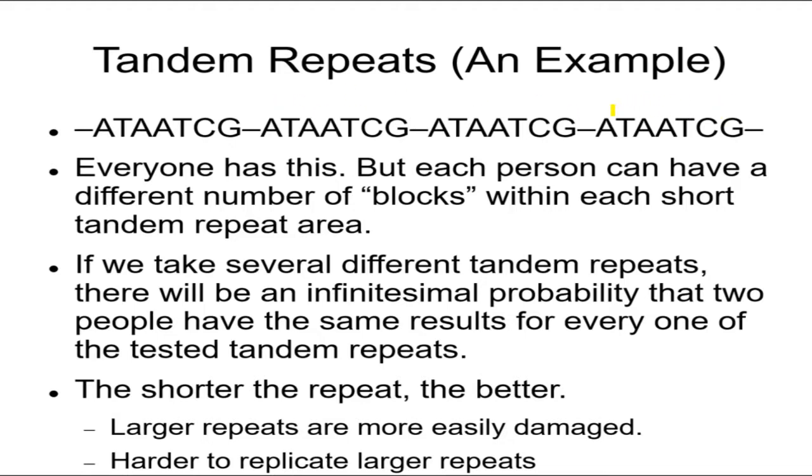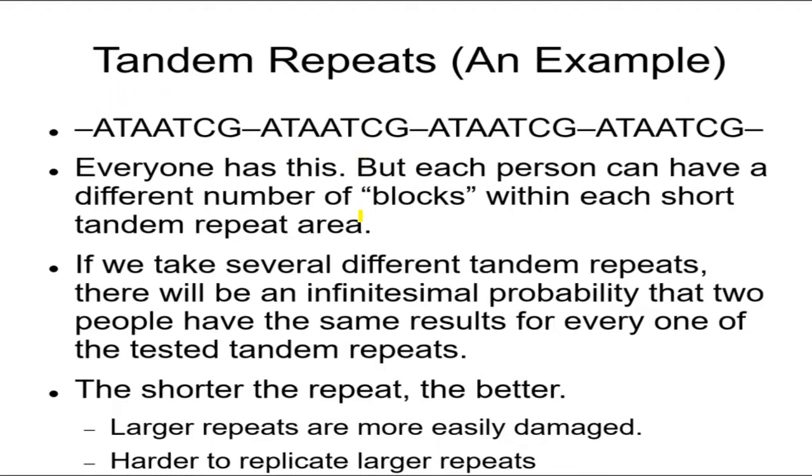Now there are 16 different tandem repeats that we're looking at. But as for this tandem repeat, again, the question is, for each person, how many times it is repeated. Different people have it repeated different numbers of times, so we use that to identify the person. We take several of them, let's say 16 of them. Let's say the first one has the same number of blocks.